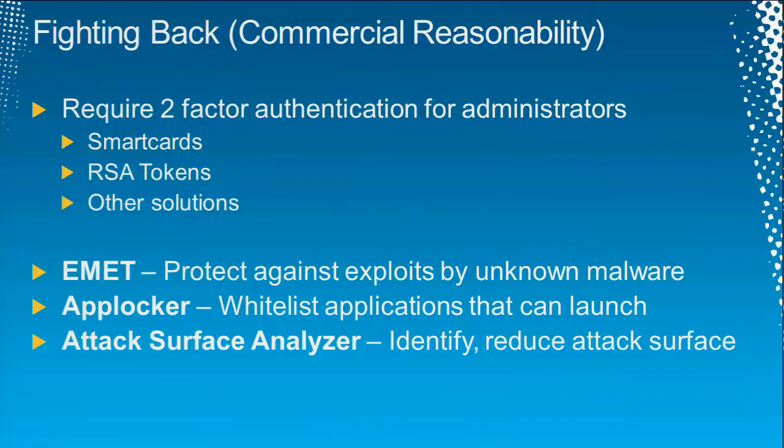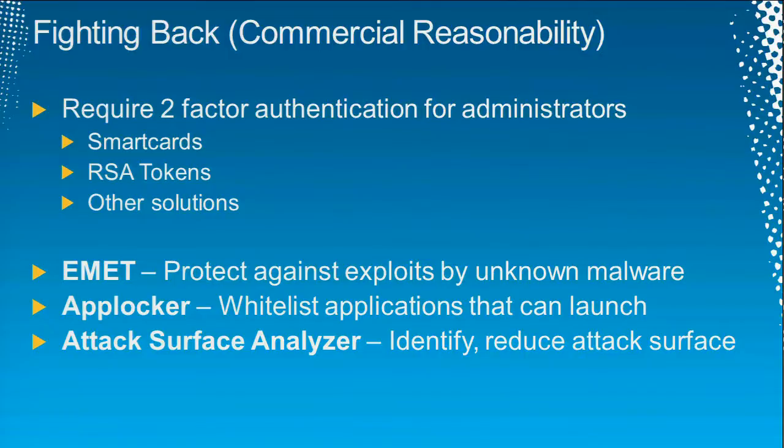What you know, which is something you can type into a keyboard, any automated program could do, something like a username, a password, stuff that's purely electronic. What you have, something physical, like an RSA token, a smart card, anything else that cannot be physically separated from the device, and there's only one copy of it. And then what you are, which is biometrics, fingerprints, retinas, and those types of things.